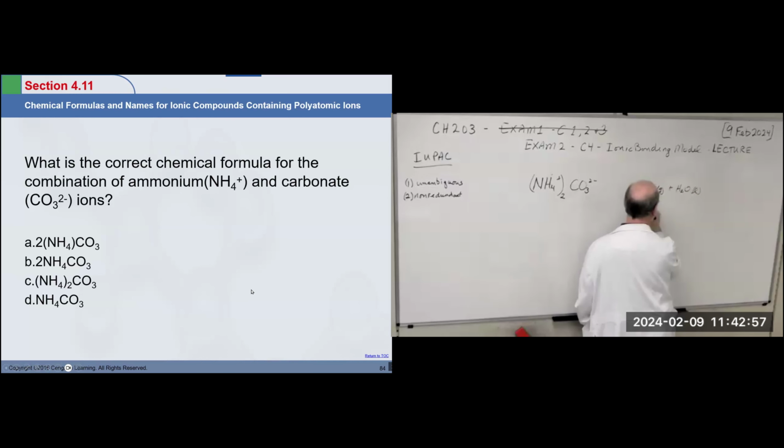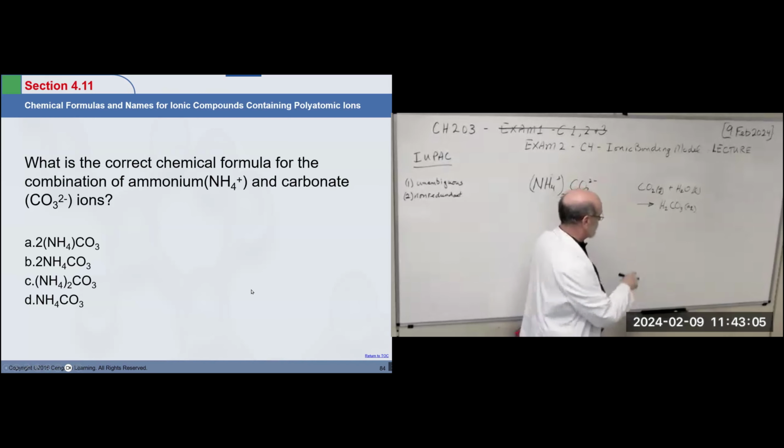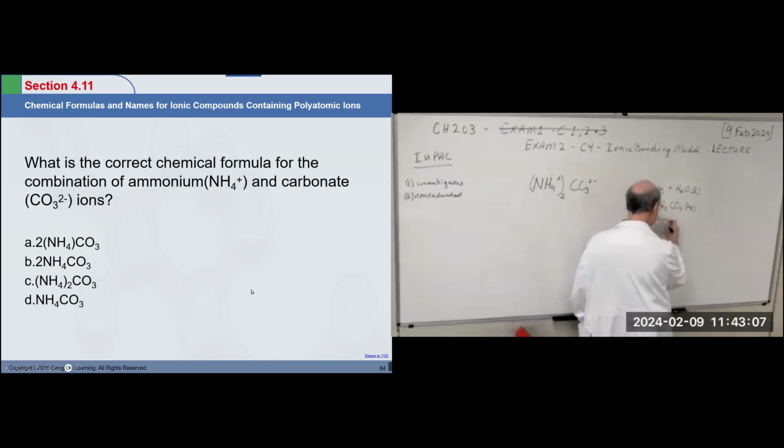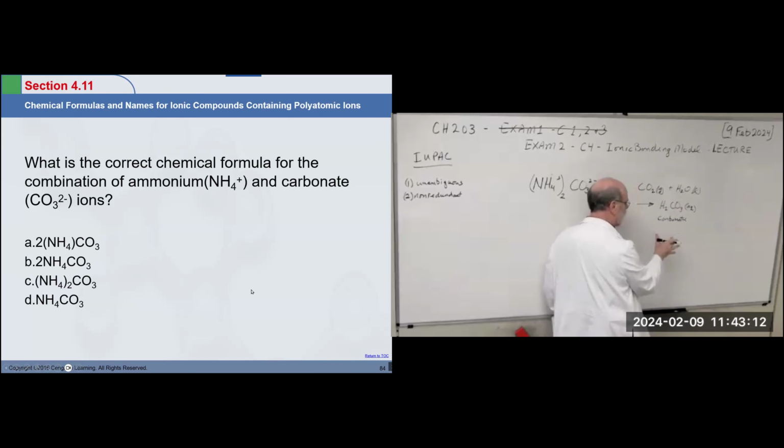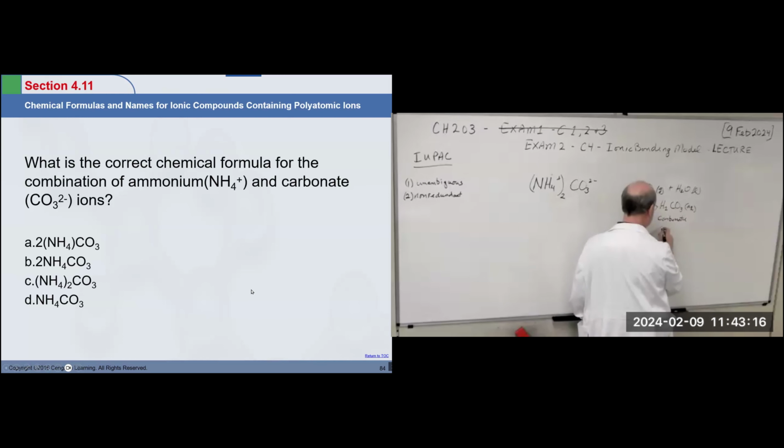And that gives us, there's an oxygen, this is carbonate, right? Carbonate. It's got an oxygen. We don't say hydro. This is an acid. So ate becomes ic. This is carbonic acid.